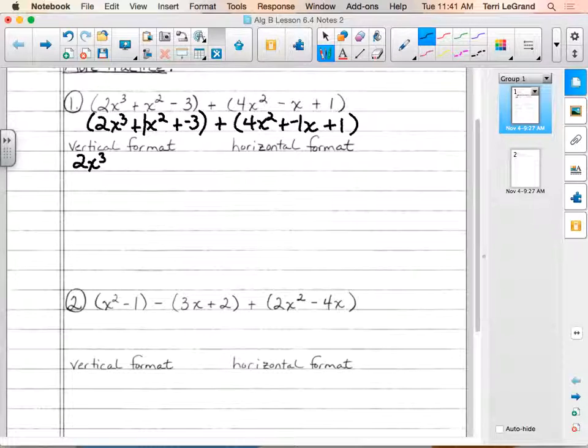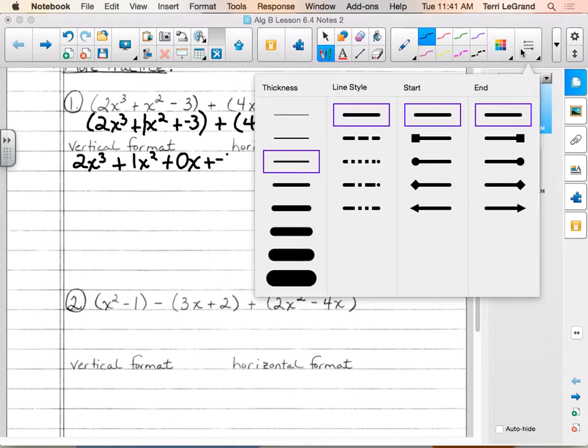Well, we have some x squared. They're not missing. But then the next term of a polynomial in standard form as you're going in descending order would be x's. Do we have any x's? No. So what do we use when we don't have something in vertical format? Placeholders. So we say there are 0 x's plus our constant, which is -3.